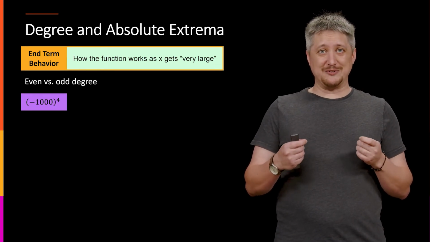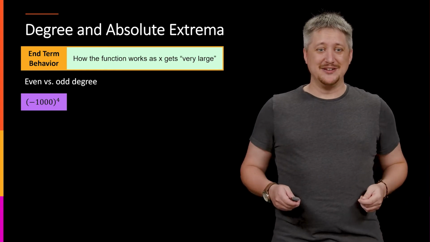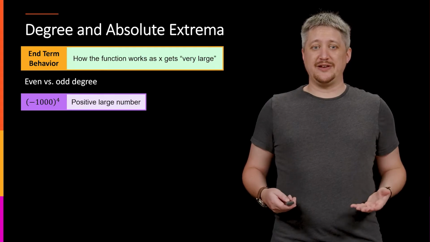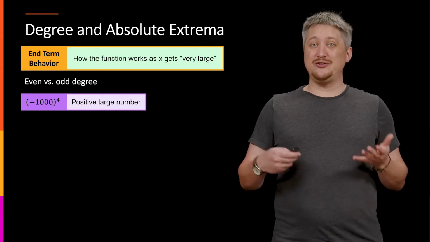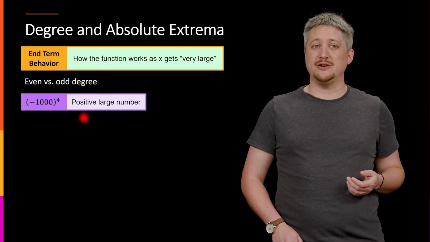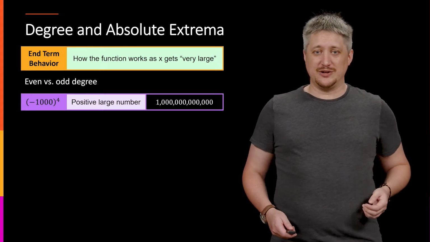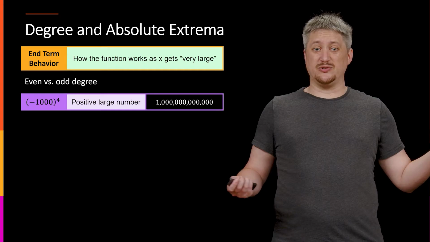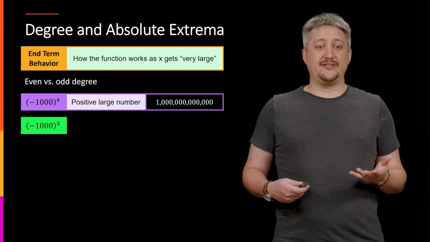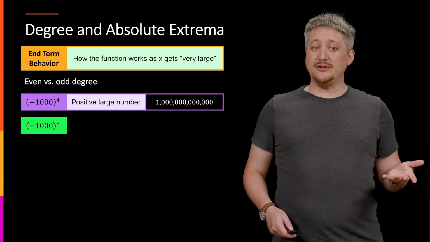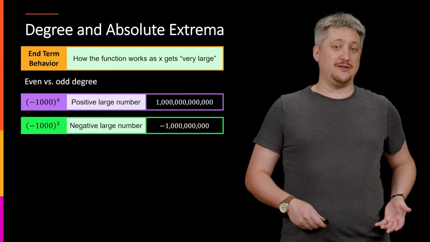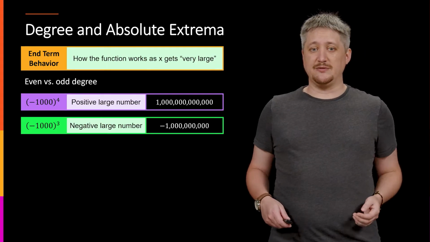If we take something to an even power, like 4, we get some very large but positive value, a million, billion, trillion, whatever that is. Whereas if we took that same negative number and raised it to an odd degree, like 3, we get a very large but negative value. So here we get a negative billion.